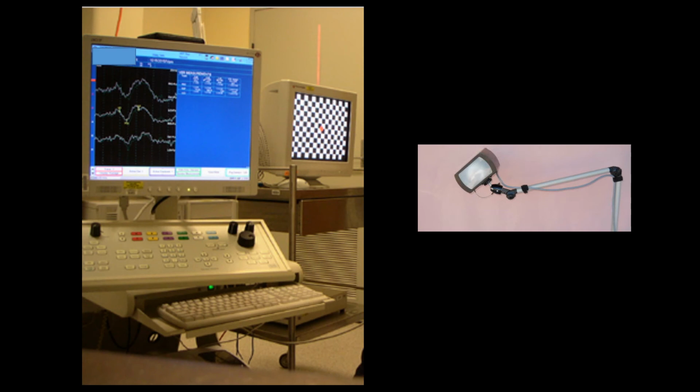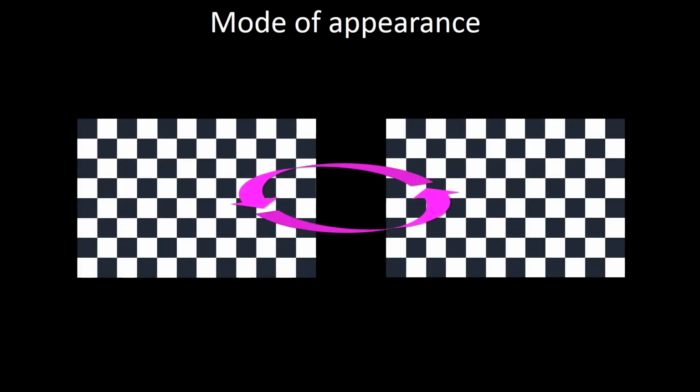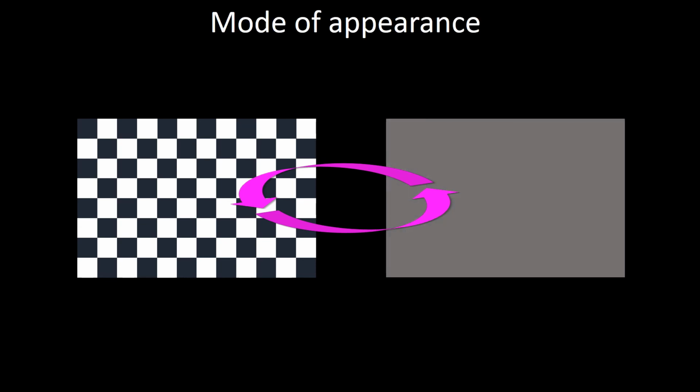Based on the nature of the stimulus, we can talk about flash visual evoked potentials and pattern visual evoked potentials. Pattern visual evoked potential can further be divided in many different ways depending on the contrast, shape, and color. You can see a sample of them in this frame. They can also be grouped according to the mode of appearance, such as simple reversal, which is the most common type used, or as onset and offset pattern reversal.